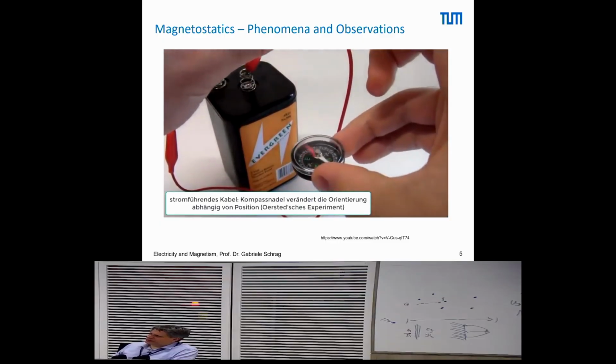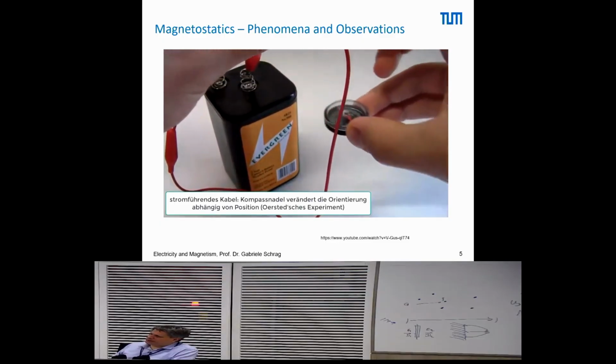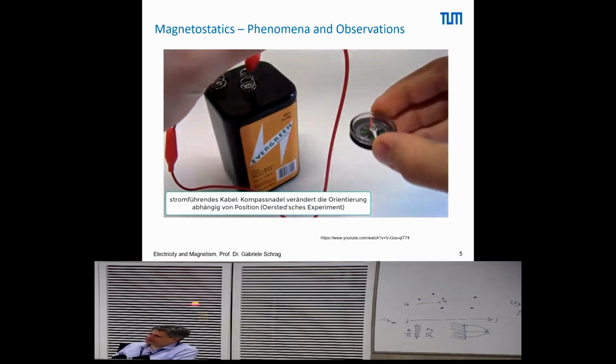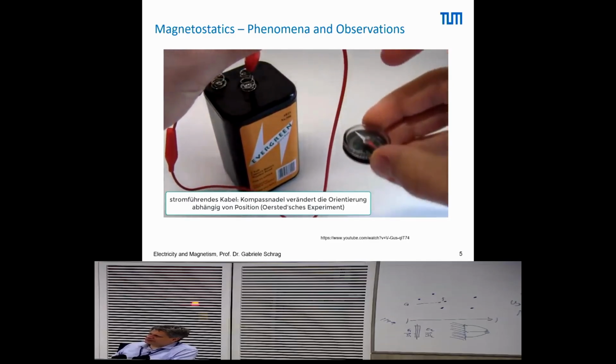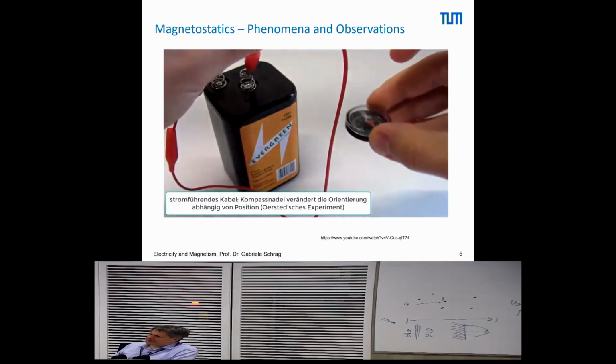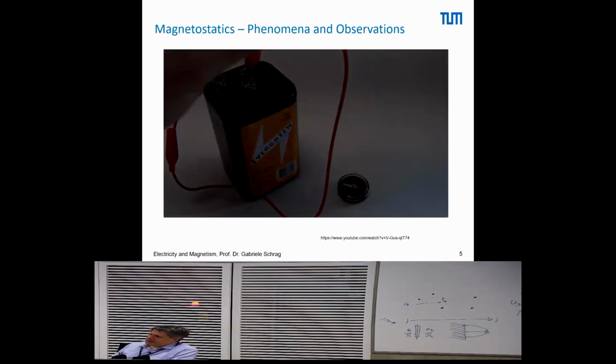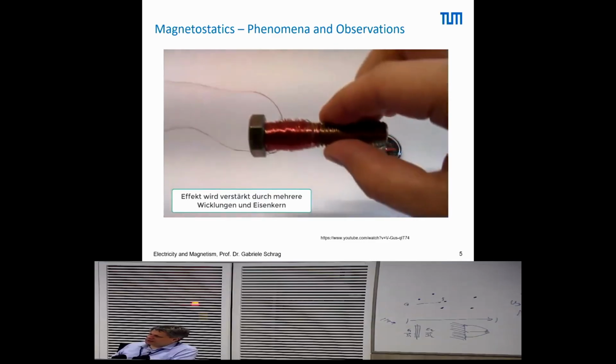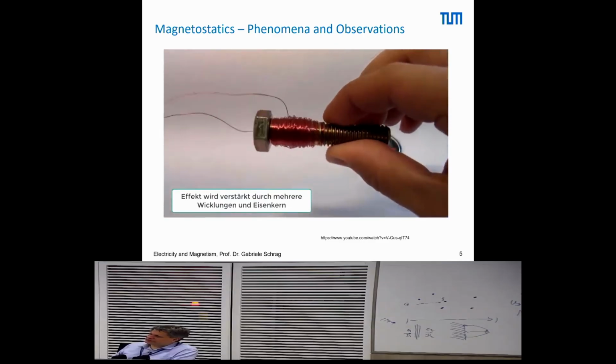And now as you go with the compass to this wire, you see that the needle starts to spin around. So there's obviously some effect of magnetism that is associated with the flow of these charges.